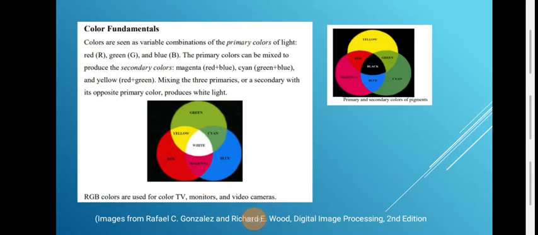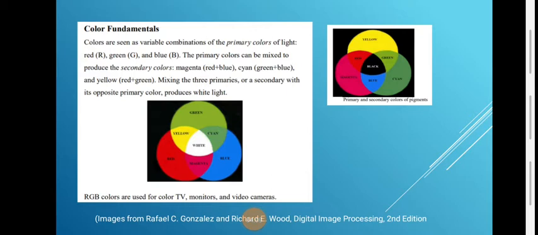The secondary colors are magenta, cyan, and yellow. Magenta can be prepared by combining red and blue, cyan by green and blue, and yellow by red and green. So mixing these primary colors, and also with the secondary colors, we get different amounts of colors. When we mix the primary colors, it produces white.